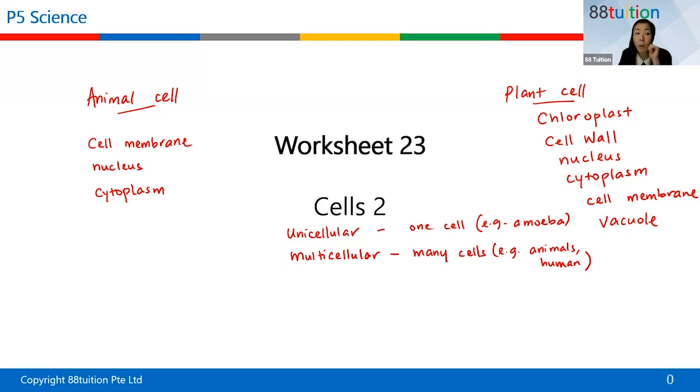So they will all have a fixed shape, and they don't change. They cannot look like a hexagon today, rectangle tomorrow, and square another day. Clear? But an animal cell does not have a fixed shape, because the outer layer is only the cell membrane.